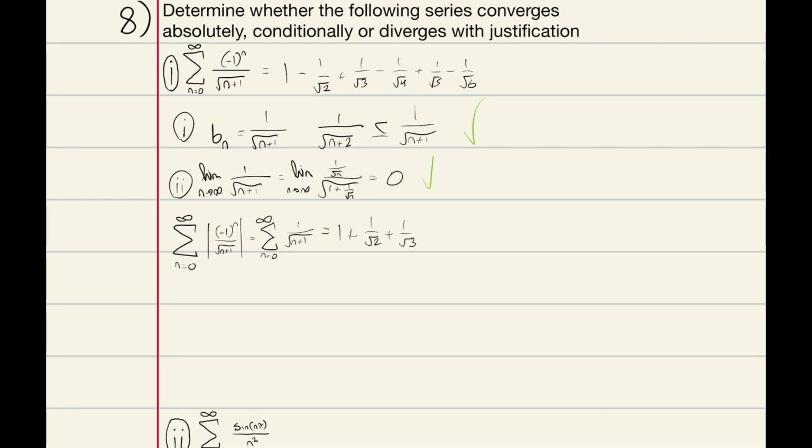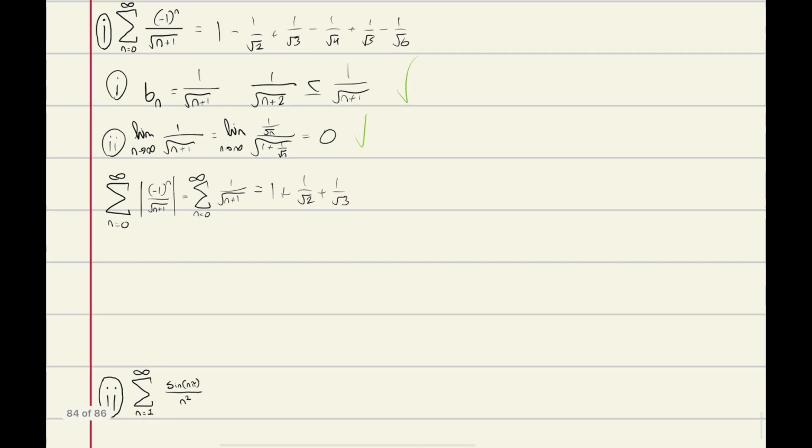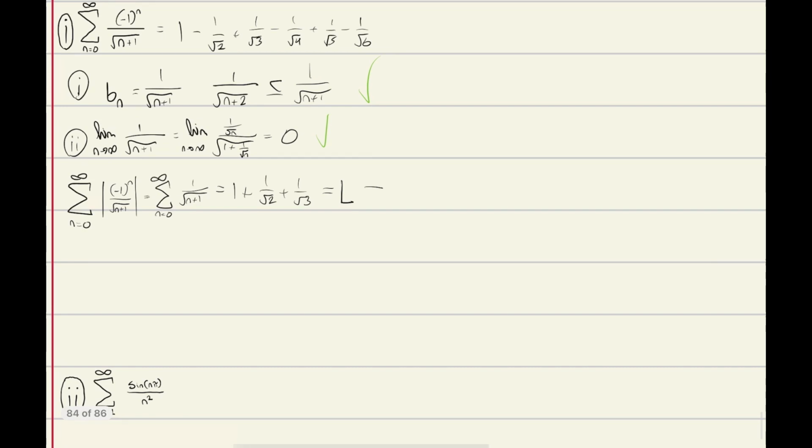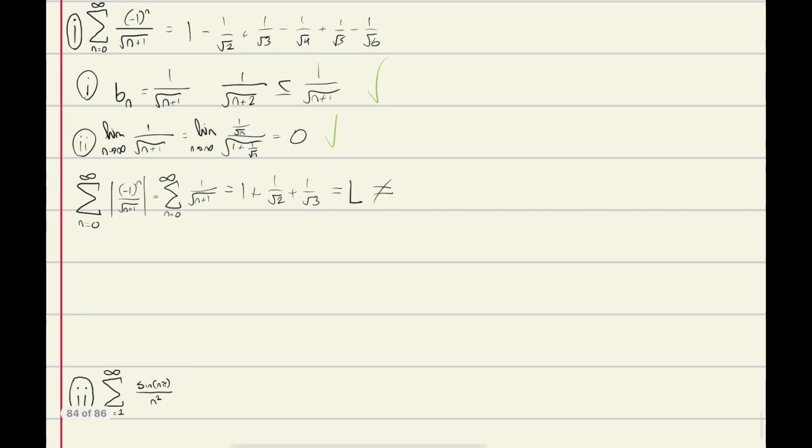So since we can see that there's values being subtracted and we aren't going to be subtracting values anymore, we can say that the value we get from this, which would be L, would not be equal to the value that we get from our original series.